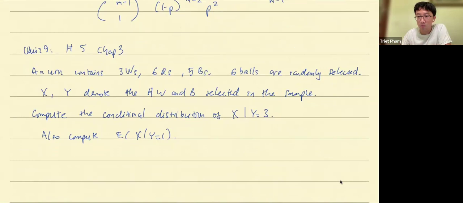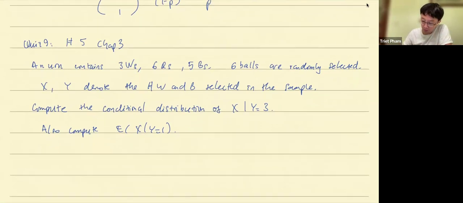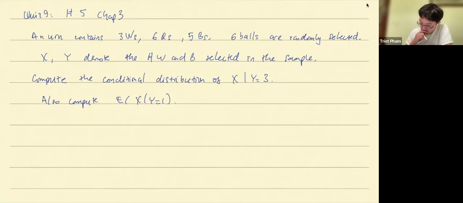All right, so what is it? So first of all, when Y equals 3, what can X be? What values can X take?